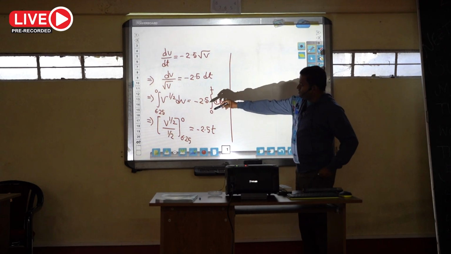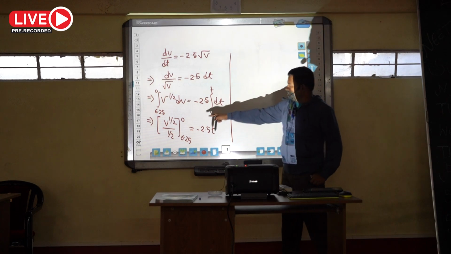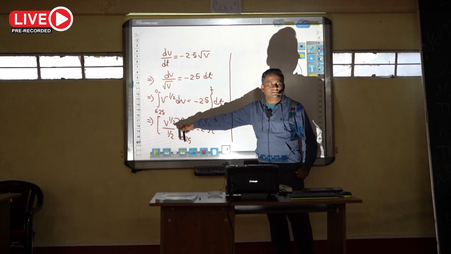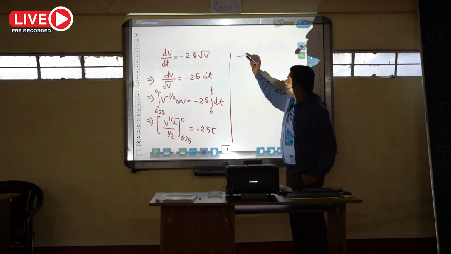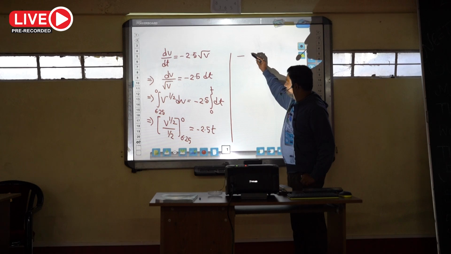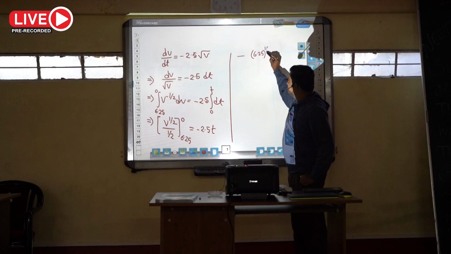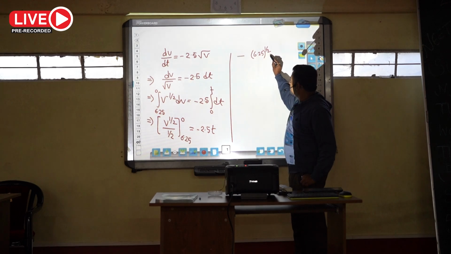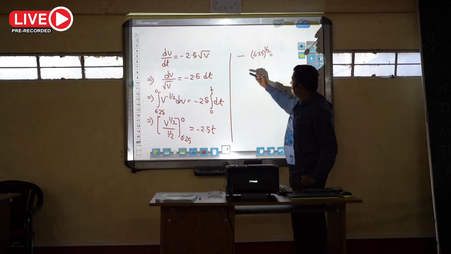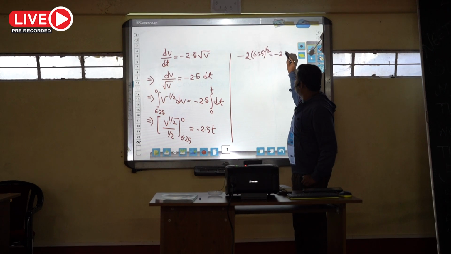If you put the upper limit in this case, it will be 0, then minus of 6.25 to the power half divided by half. This half can be multiplied as 2 here, equal to minus 2.5 into t.